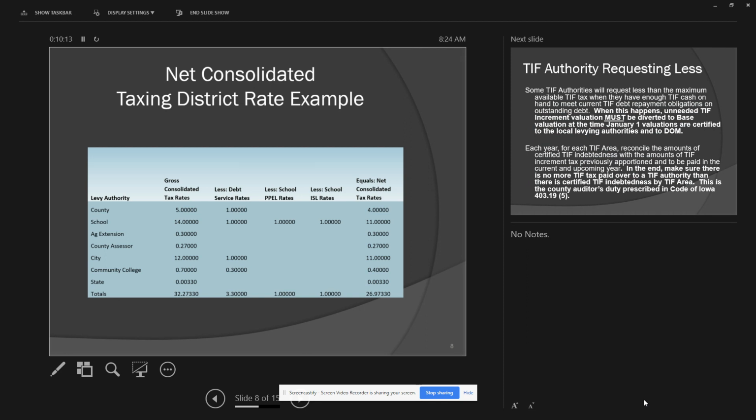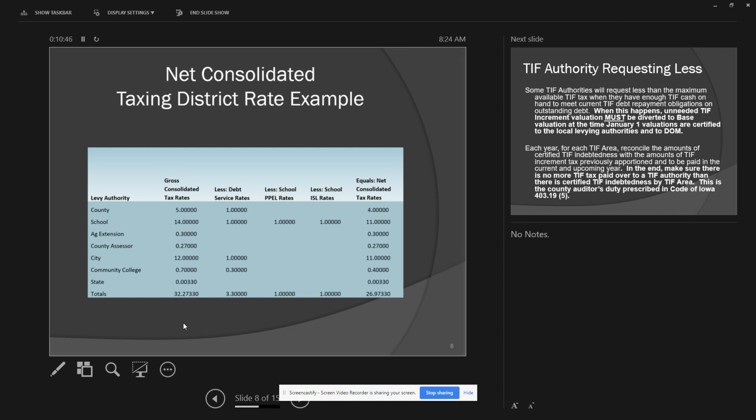So just as an example, here is an example of a tax district and all the levy authorities that you might find in one. County, of course, a school, an ag extension, an assessor, city, community college, the state rate, which is the brucellosis tuberculosis rate or the cattle tax, and then a total. So here, this gross consolidated tax rate list is just the regular rate that all these folks have adopted.